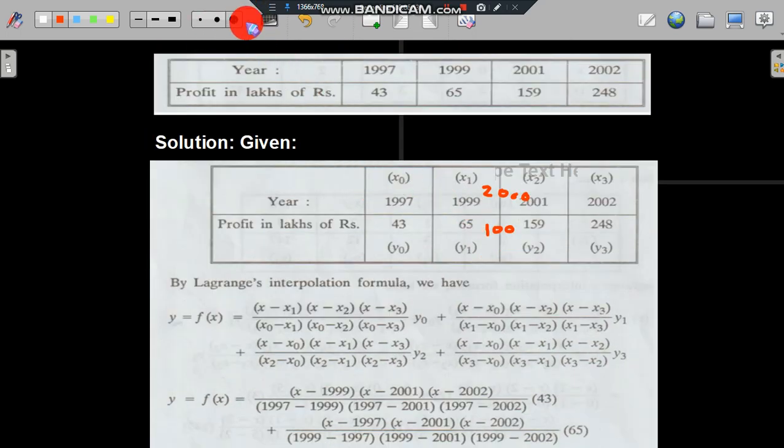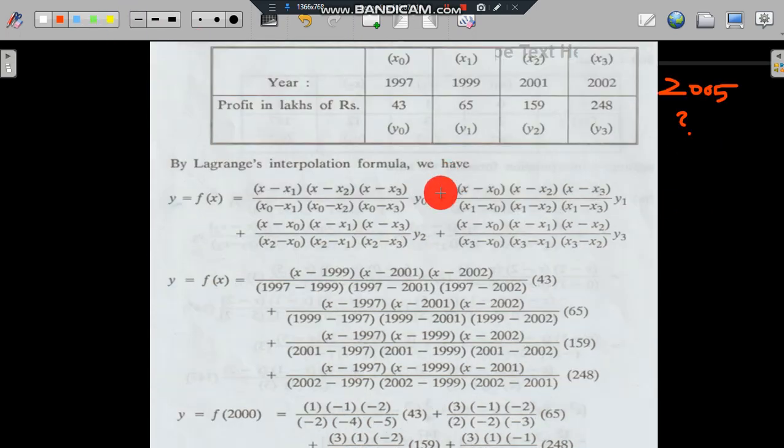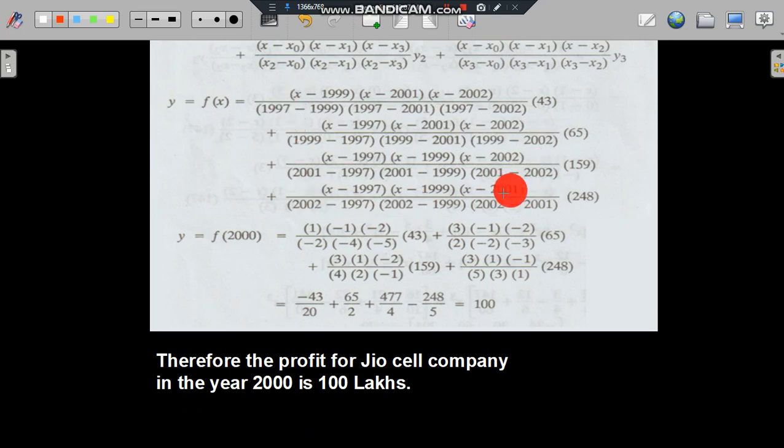You must understand that not only inside this range, but outside this range also, if we are interested, take for example 2005. In 2005, what would be the profit? Suppose you are interested like this, then you have to make the equation like this. At last you will get the equation like this.